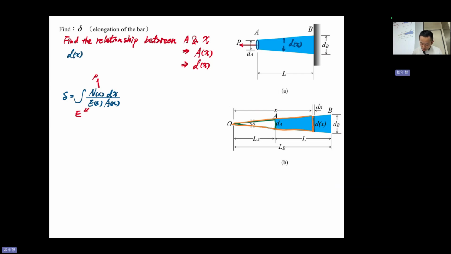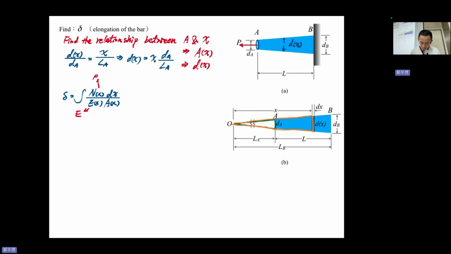The ratio of dx to dA equals the x length divided by LA, so dx is x dA divided by LA.